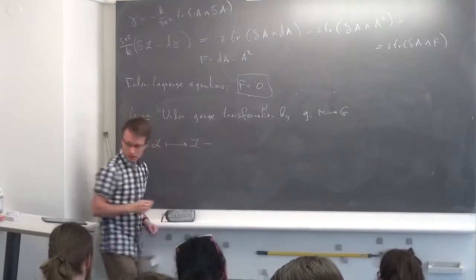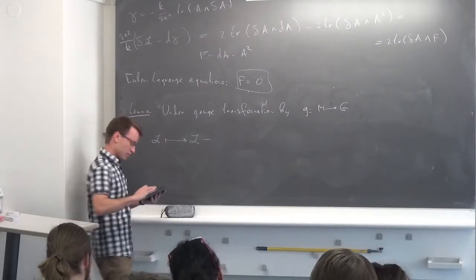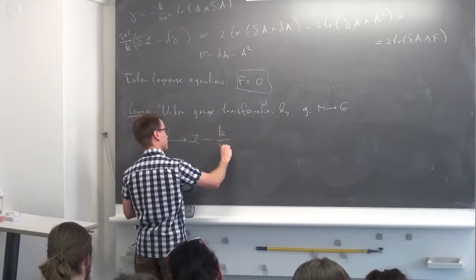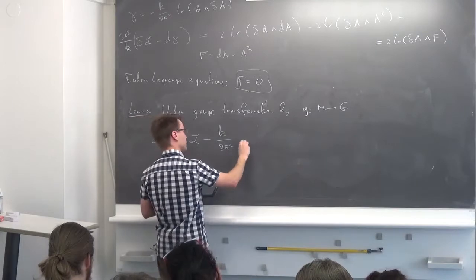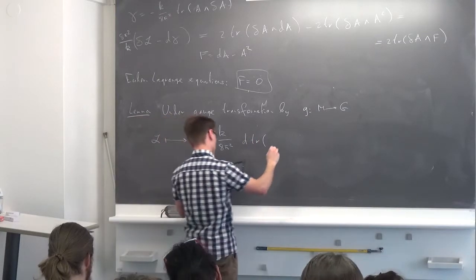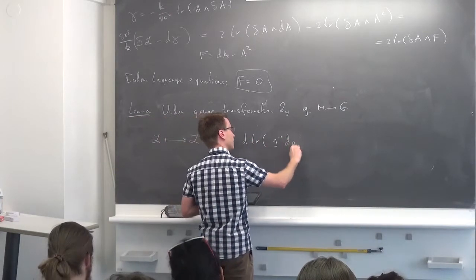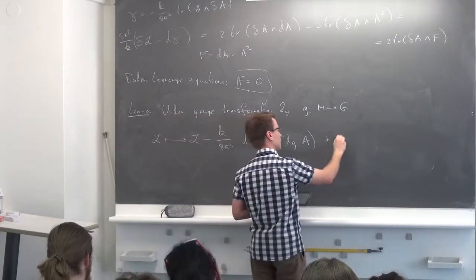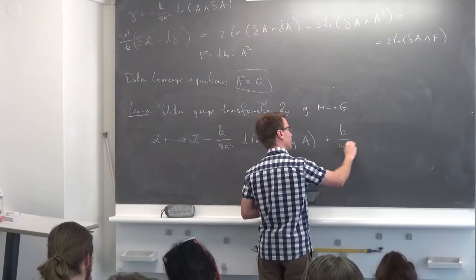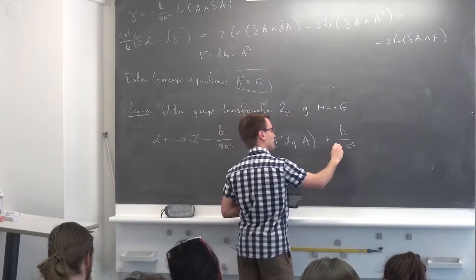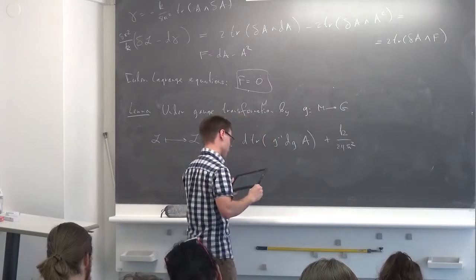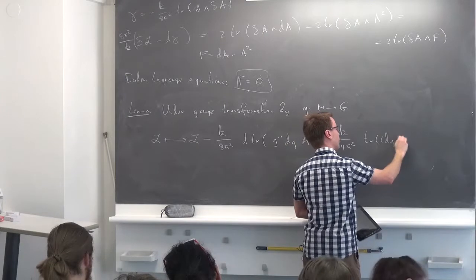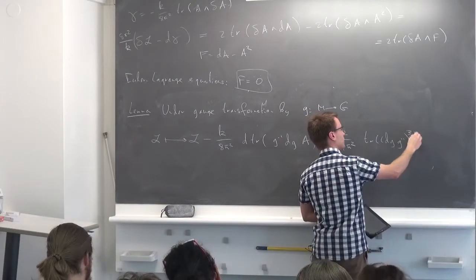So this is going to be minus k over 8 pi squared d trace of g inverse dg times A, and then plus k over 24 pi squared of trace of (dg g inverse) cubed.